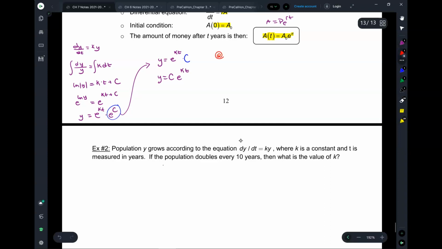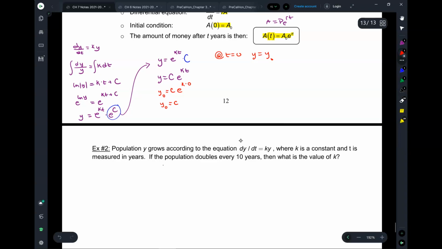But what do we know? We know that at t equals 0, y is y naught. That's the initial amount. So at t equals 0, y equals y naught. So y naught equals c e to the k times 0. Plug in the initial condition. y naught is equal to c e to the 0, which is just c.